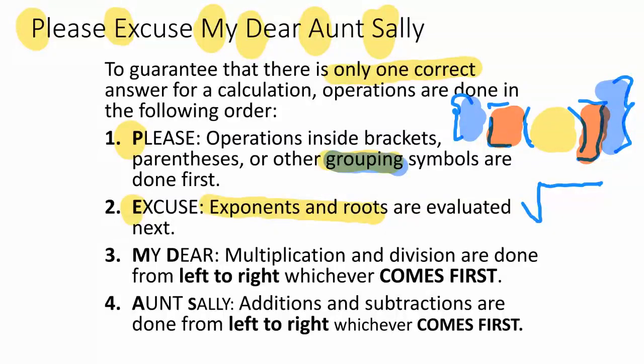Now, this is where people have trouble, on the last two steps. It says my dear. Well, this is the rule that you may forget. Multiplication and division are done from left to right. And this is the phrase that some people forget: comes first.